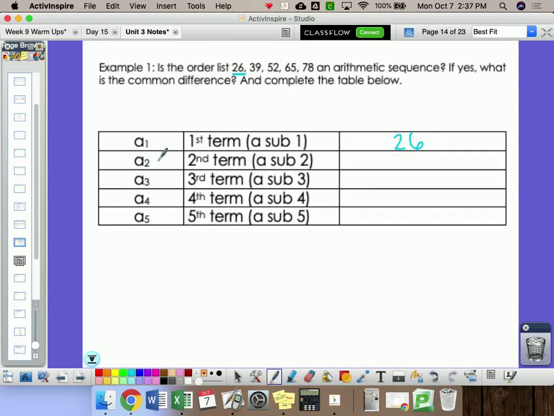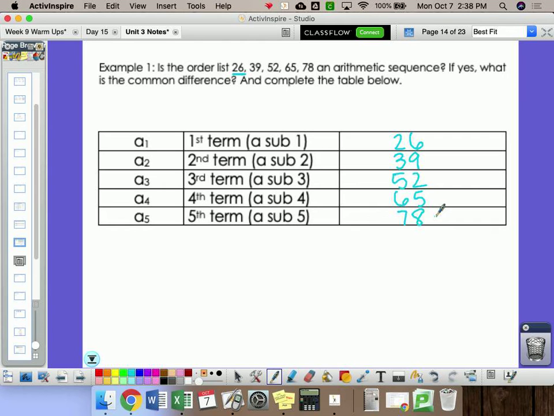A sub 2 is our second term, which is 39. A sub 3 is our third term, which is 52. And then it keeps going. A sub 4 is our fourth term, which is 65. And A sub 5 is our fifth term, which is 78.